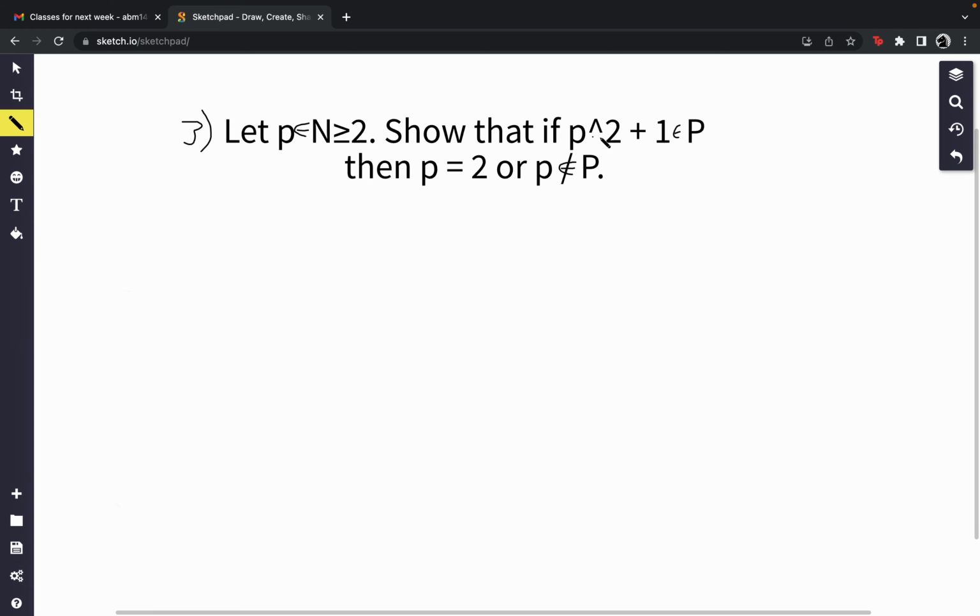So let's write this in symbolic form, and then we'll make this into the contrapositive. So we have if p squared plus 1 is prime, then that implies that either p equals 2 or p is not prime.